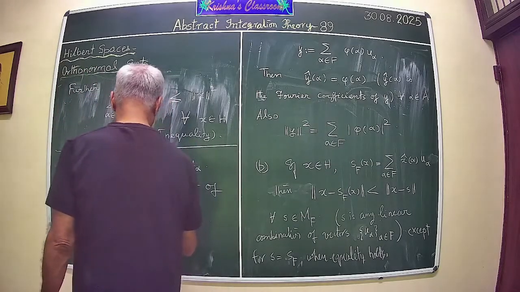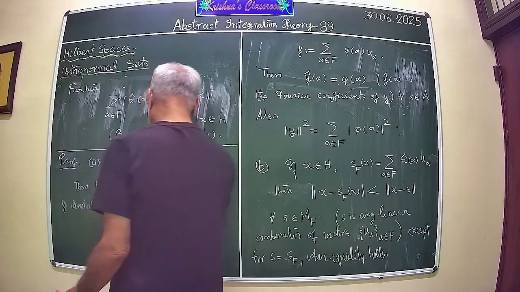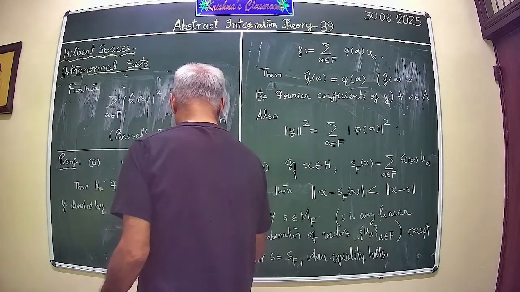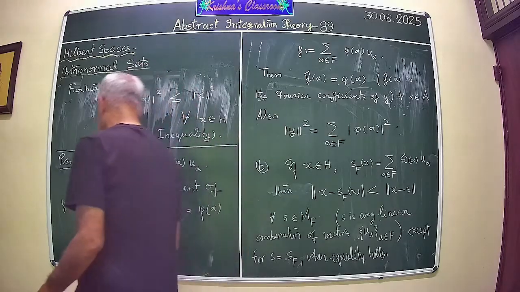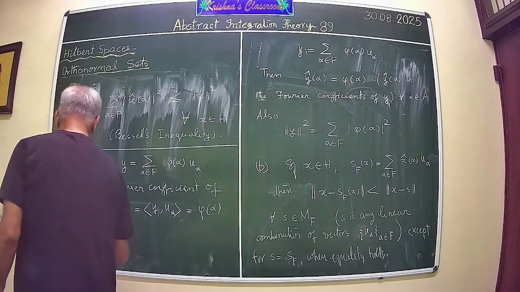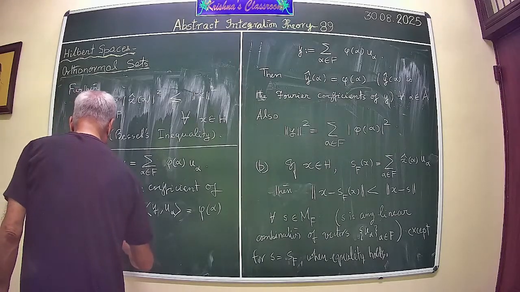Inner product of y with U alpha, which in turn is equal to phi alpha, using orthonormality.